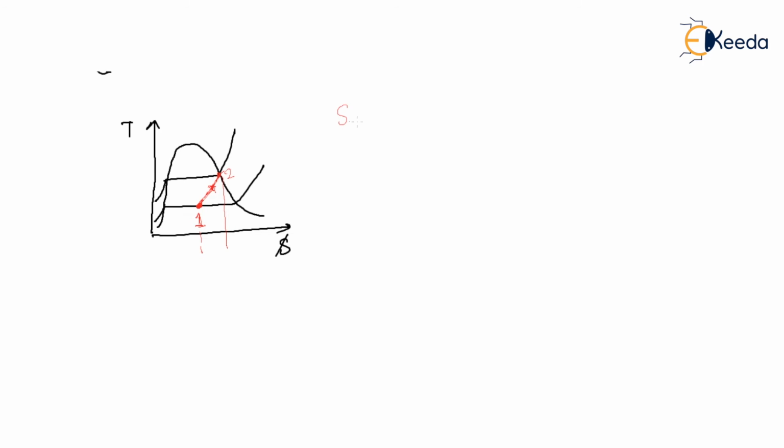So if you calculate the change in entropy, S2 minus S1. What is S1? S1 is SF plus X (Sg minus SF) at 10 degree centigrade.